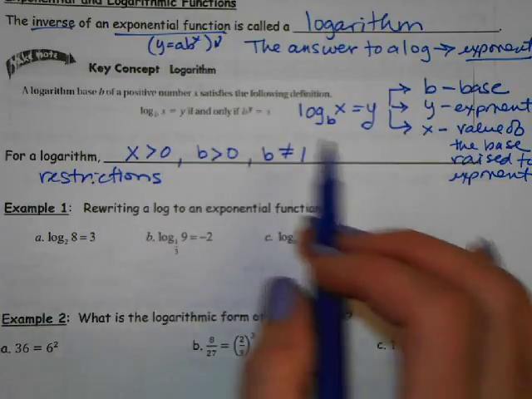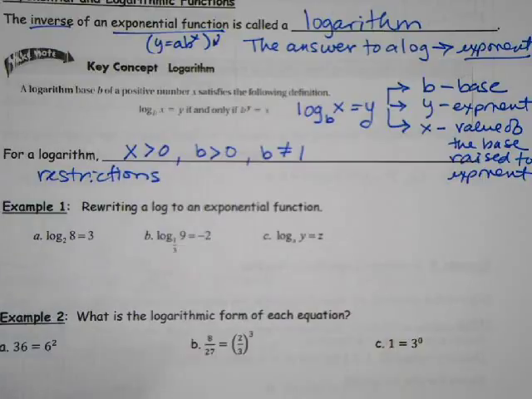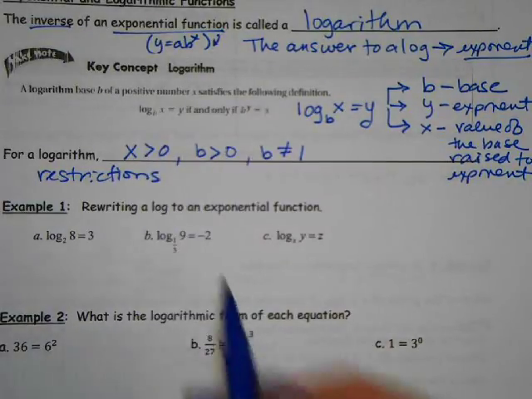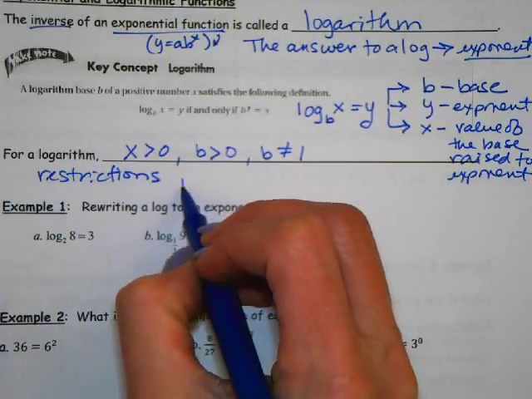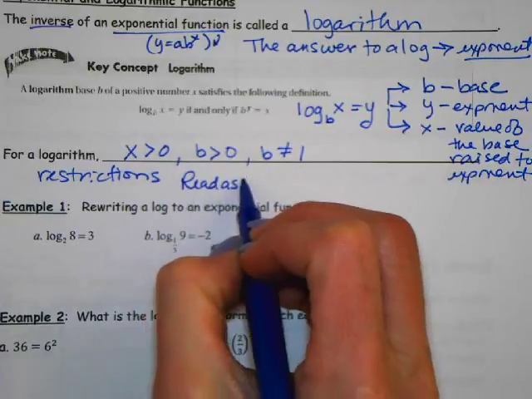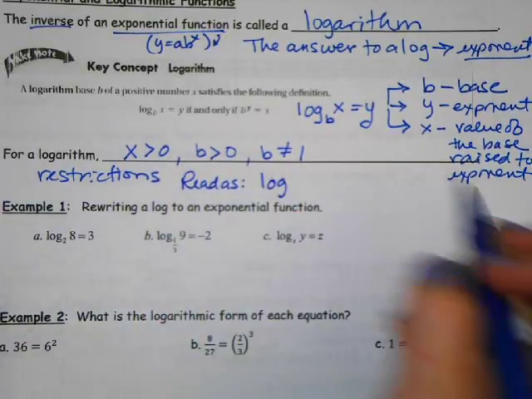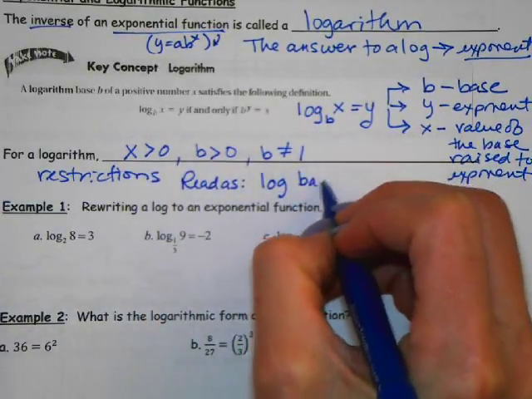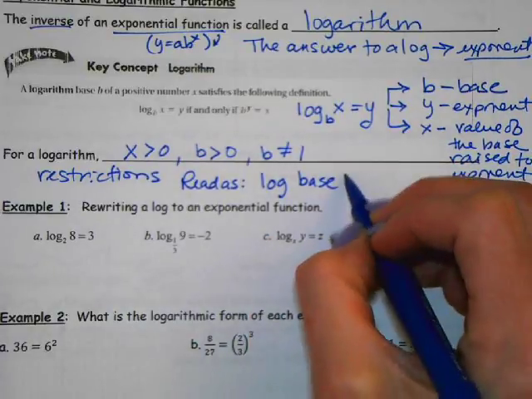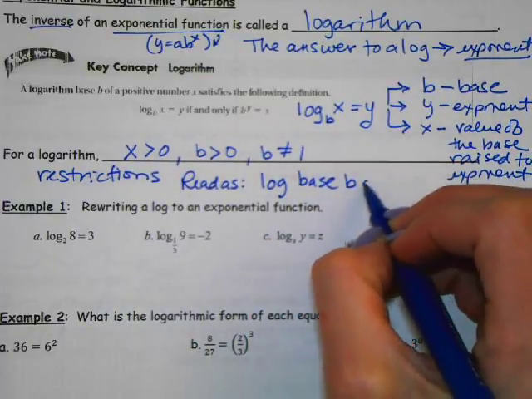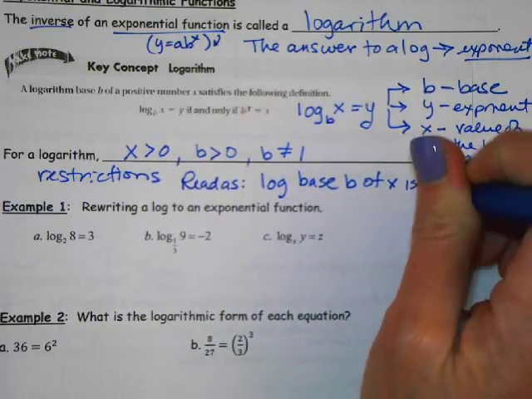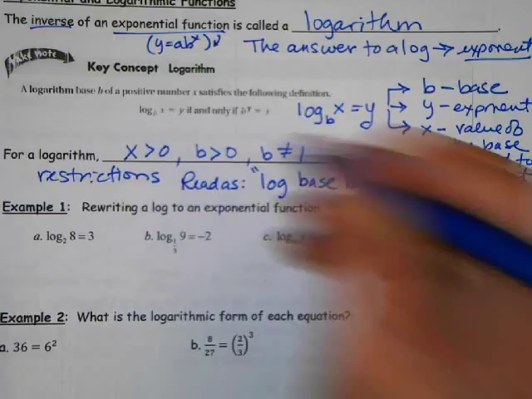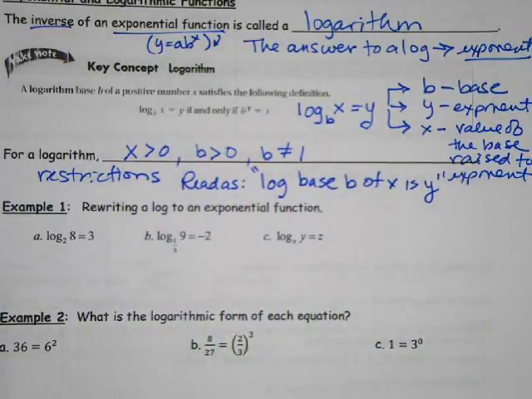How we say this: when we start talking about it, we say something is the base or whatever. How we actually state it is we read it as log base, and then whatever your b value is, of the x value is y. And we'll give you an example in just a sec.